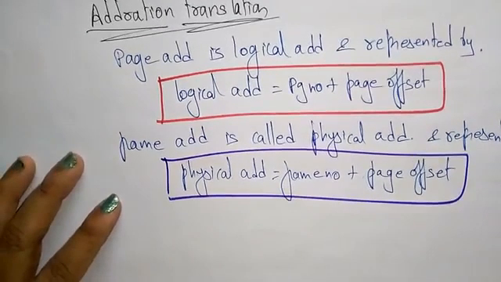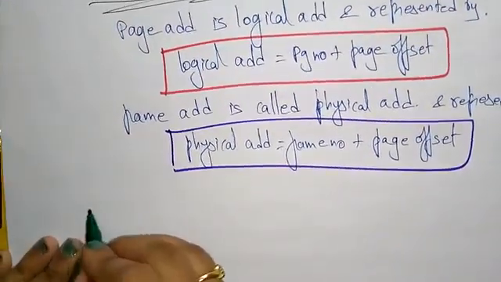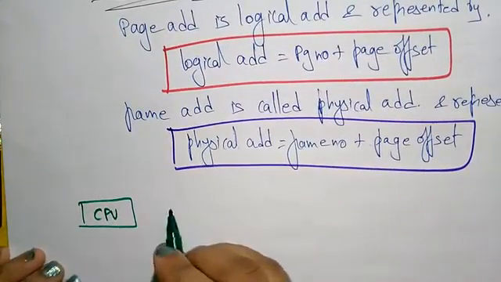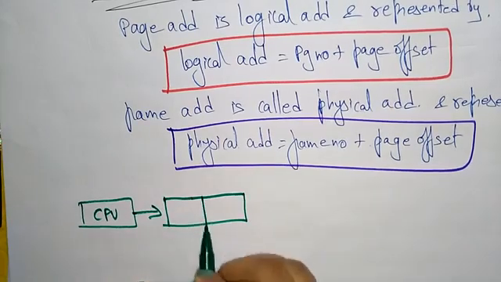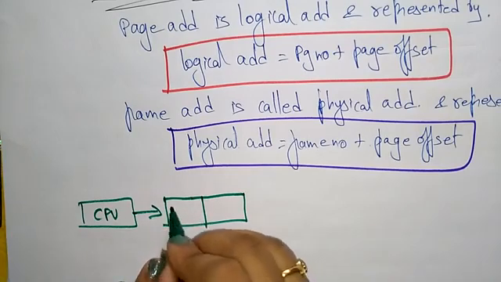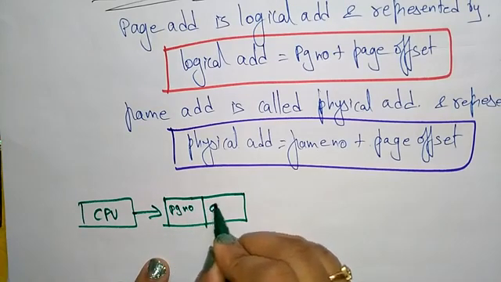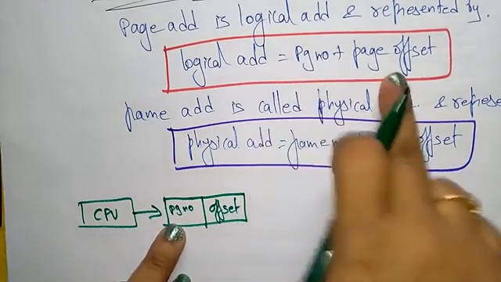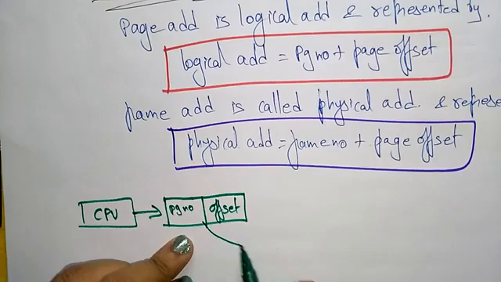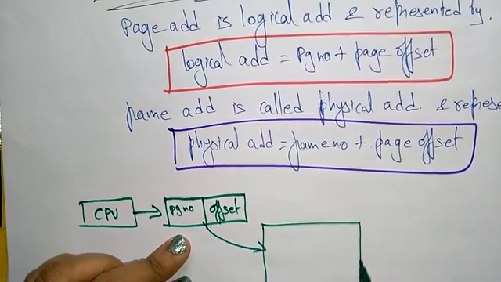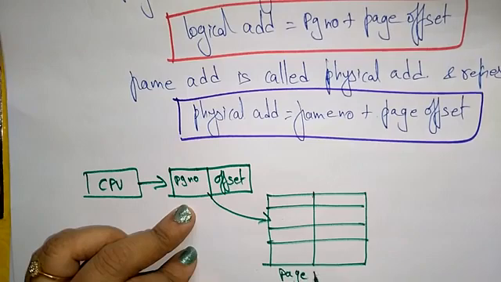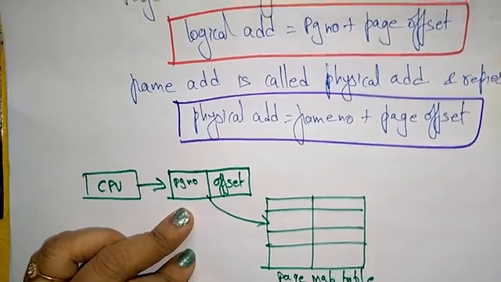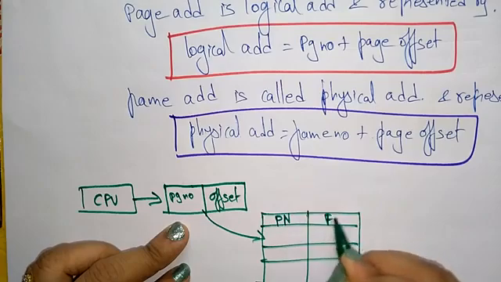Let me take a simple example. Suppose this is the CPU. The CPU sends the logical address, with page number and page offset. This page number is looked up in the page map table, which holds the page number and the frame number.